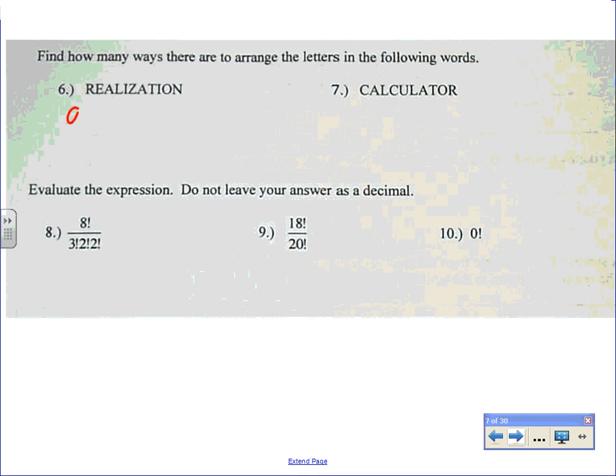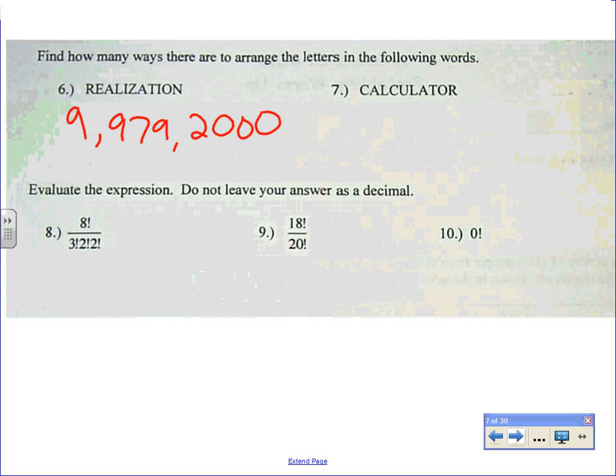Steve, calculator, how many ways are there to arrange the letters? No, too much. David? No? Still too much. Camille? Good. Okay, while I'm on this one real quick. So calculator has 10 letters in it.